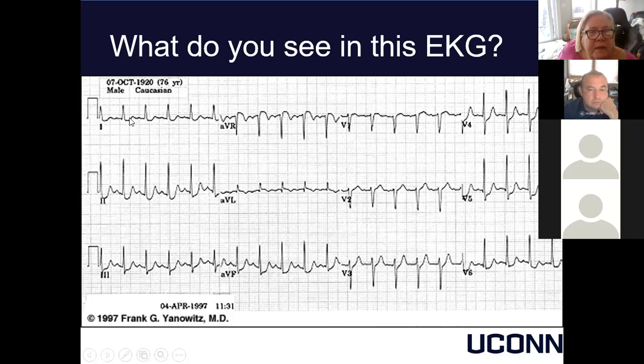And then our P waves, we have upright P's in 1, upright T waves, upright in 2, upright in 3, downward facing T's in R. Hard to find in L, but our T is definitely going down there.